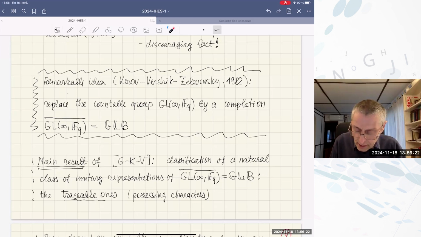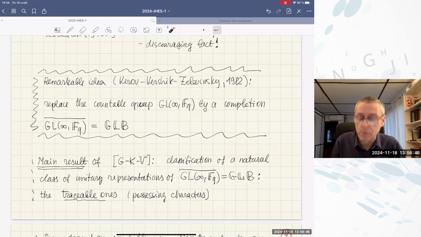The main result is a full classification of some very natural class of unitary representations of this topological group. These are not irreducible representations, but some natural substitute for irreducible representations, the so-called factor representations with trace, one can say traceable representations.